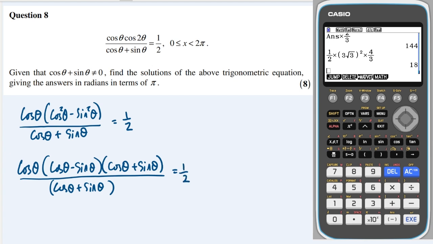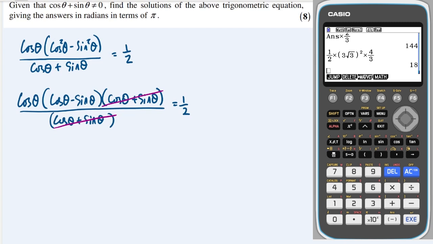And that is great. We can divide through there to simplify, and I can multiply out this top line to get cos squared theta minus cos theta sine theta is equal to 1/2.